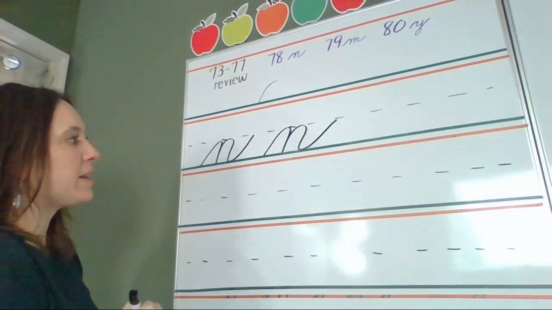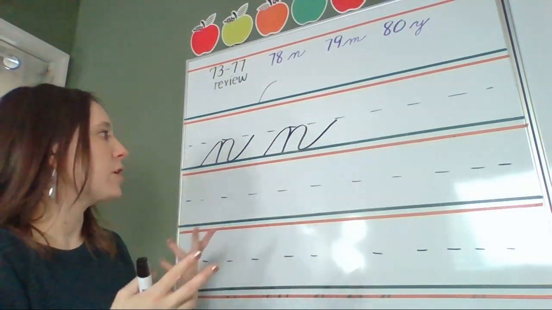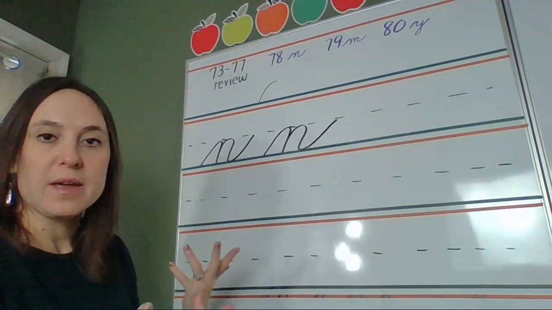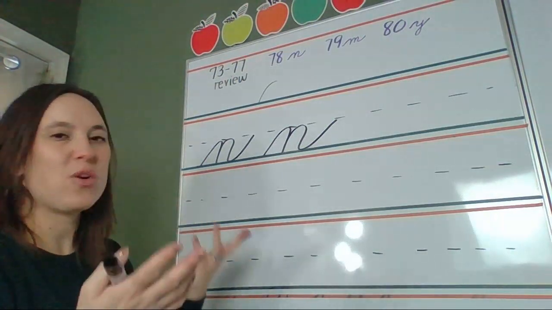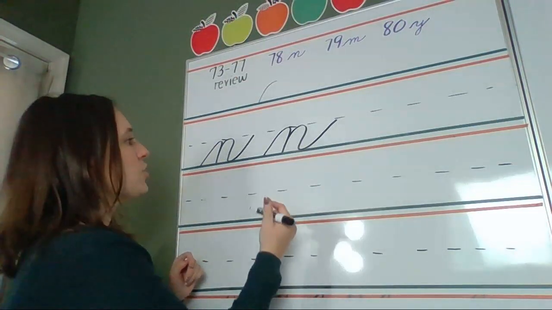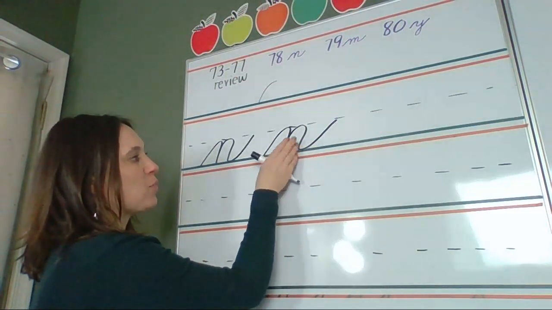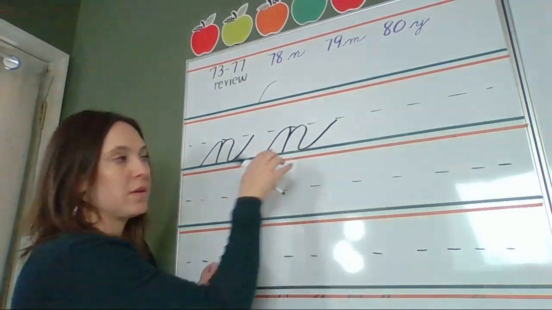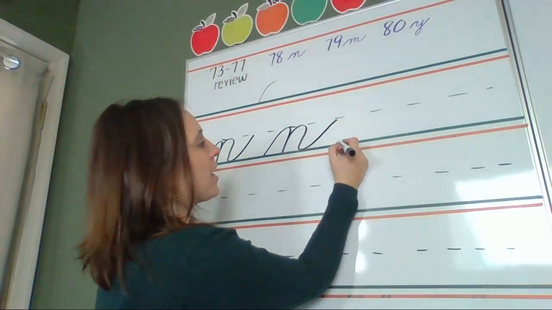Let's try another one, but this time we'll try a word. Let's try man, since we have, actually no, we shouldn't try man because we didn't do M yet. Let's try ran. We're going to see what happens when you have letters before the letter N. So here we go.